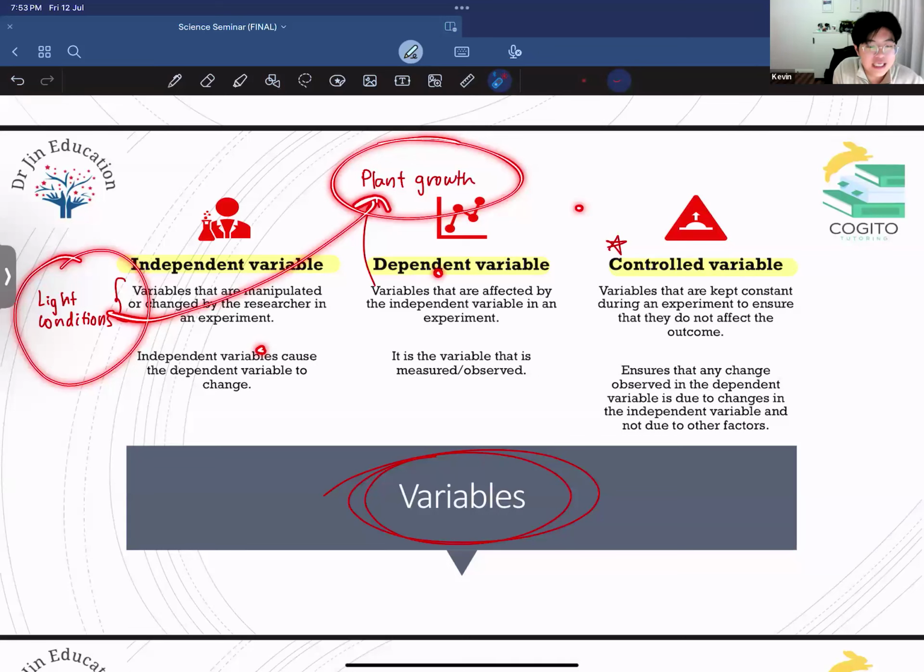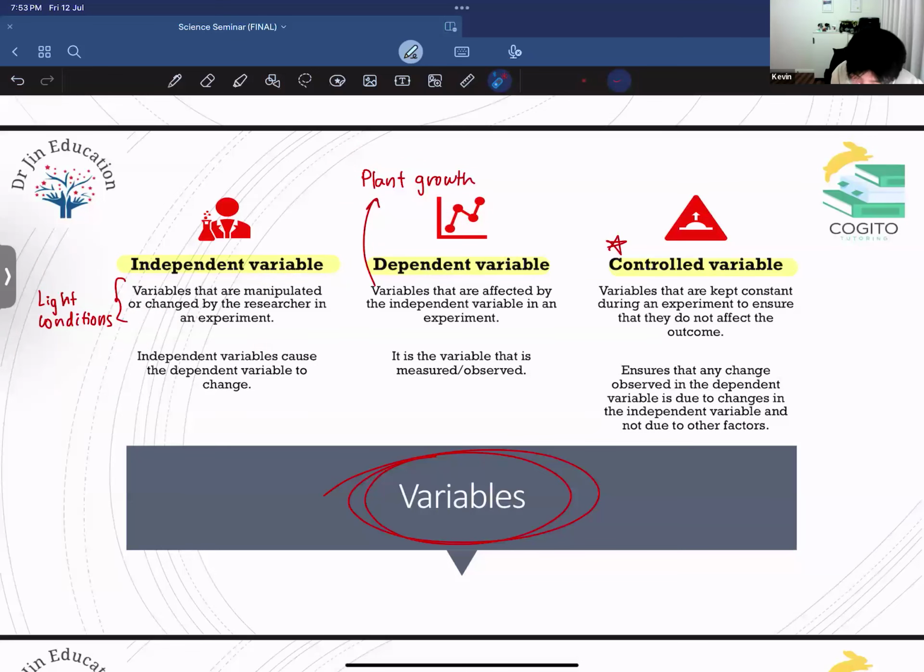So I try to keep everything else controlled. In this case, what is a controlled variable? It's the type of plant. Remember, I used 12 bean plants. I do not use 2 bean plants, 5 sunflowers, 6 peonies, and things like that. That wouldn't be very good.